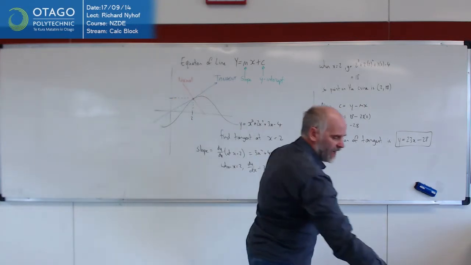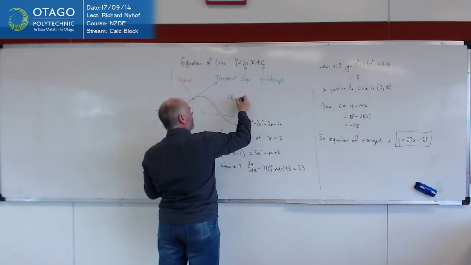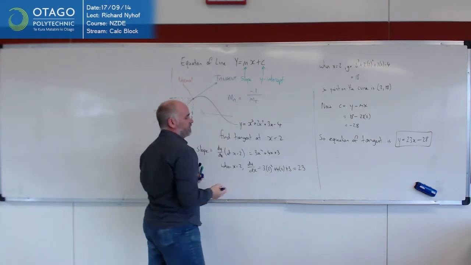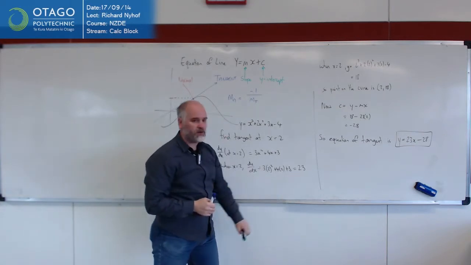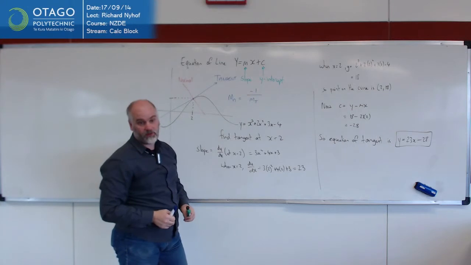And the way it works out is that the slope of the normal is negative 1 over the slope of the tangent. So once you've got the slope of the tangent, to find the slope of the normal, you just do negative 1 over that.